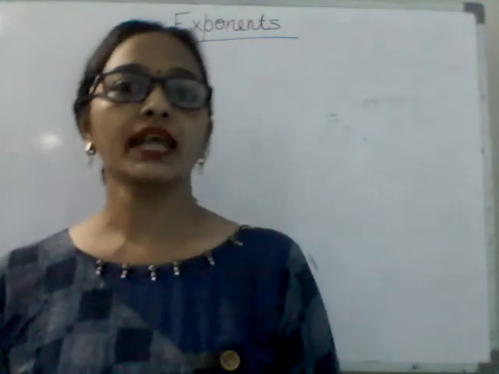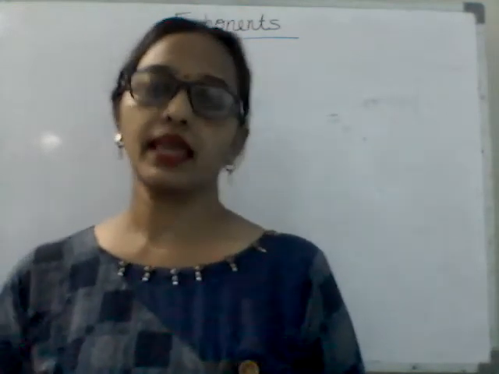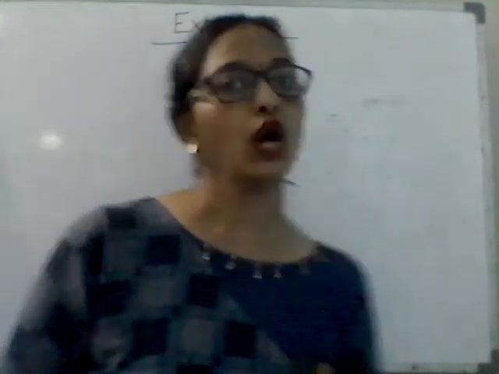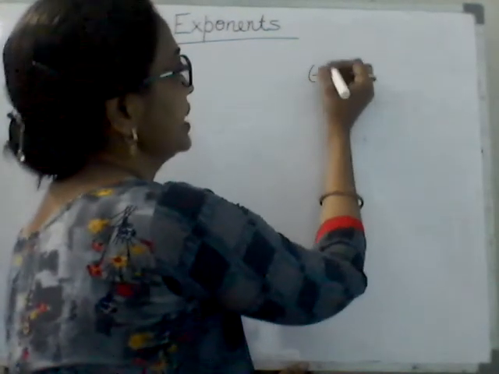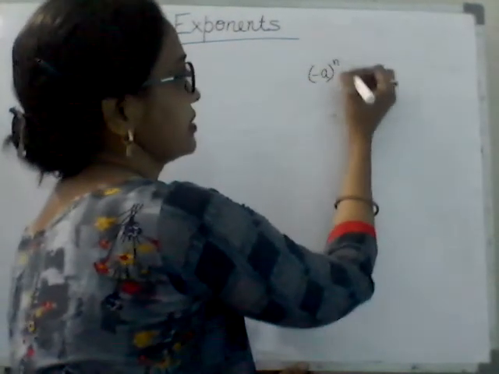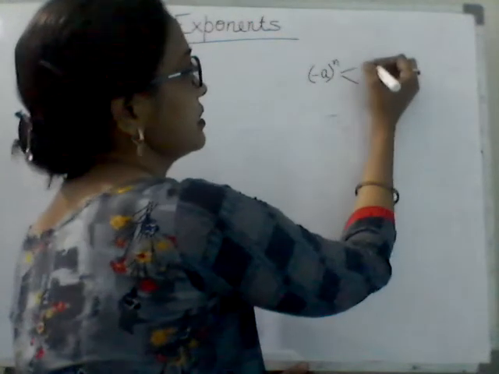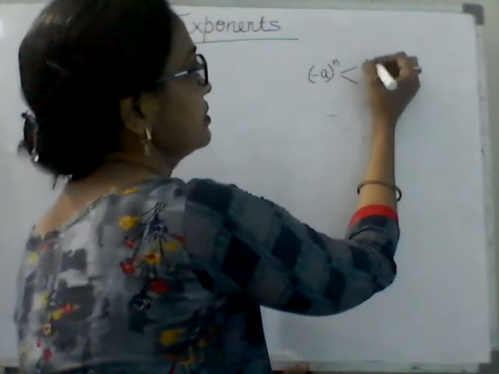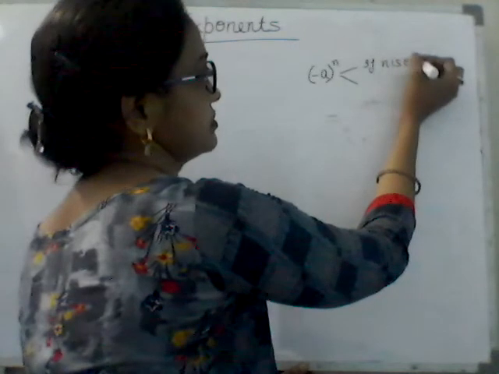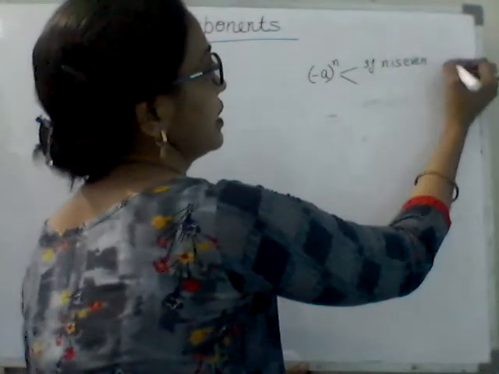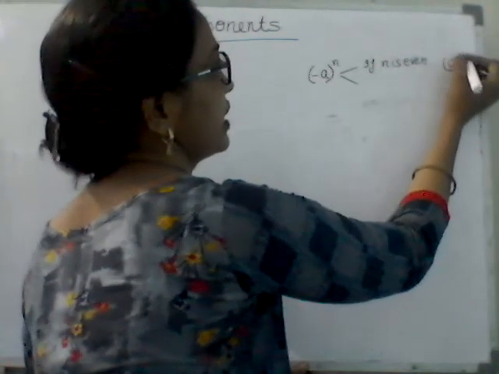Let us recall that for positive integers a and n, now we have (-a) to the power n. Here, if n is even, then we get a to the power n.